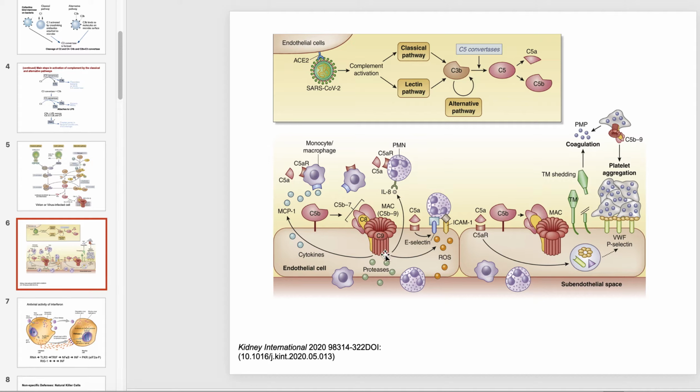In turn, that pore formation will cause damage to the membrane. And so that stressed cell will start to produce chemoattractants like MCP1, or monocyte chemoattractant protein. And then they'll also produce interleukin 8, which is a cytokine, which can trigger more immune system cells to come to the fight.